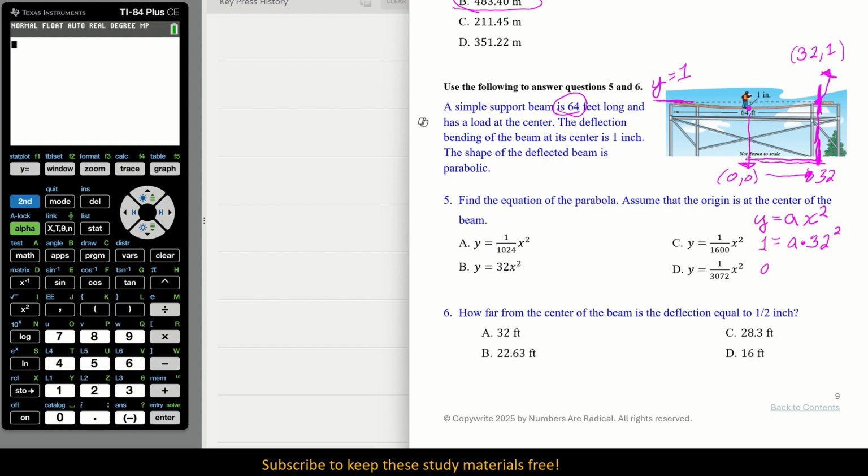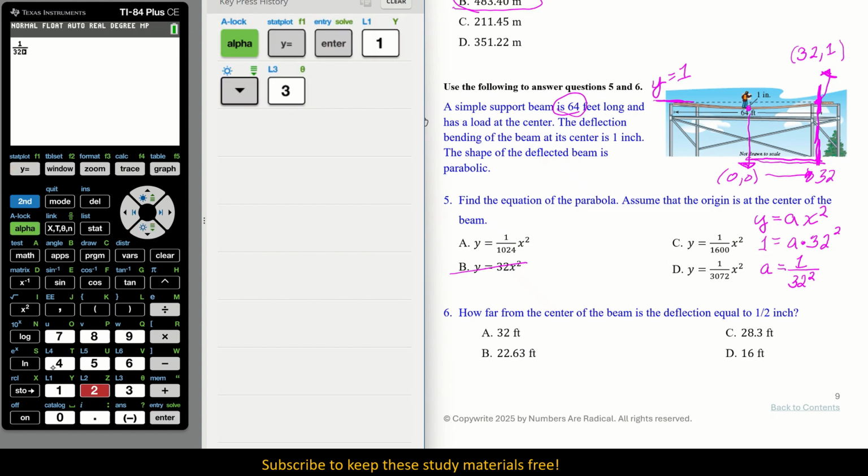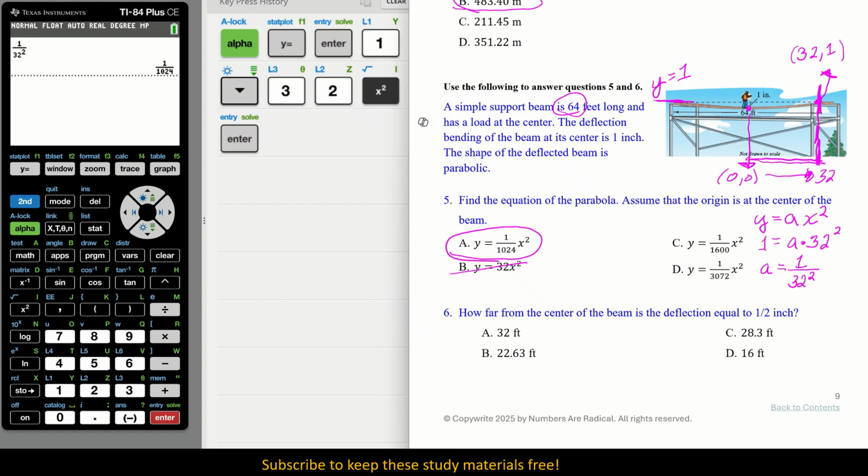Well, now we know that a equals 1 over 32 squared. Let's put that in the calculator and see what we get. We can already get rid of one option. Get rid of B. Alpha y equals, and then we have 1 over 32 squared. And there you go. That gives us option A.